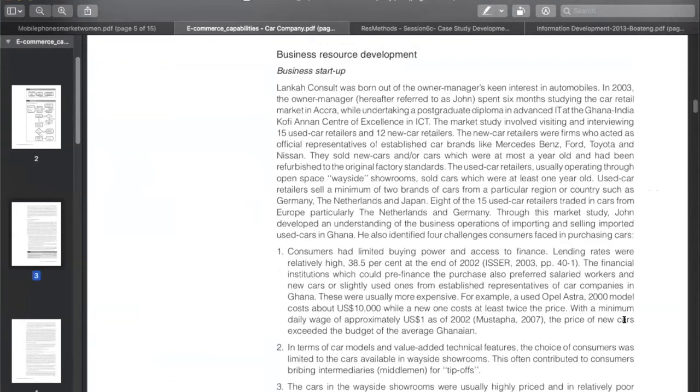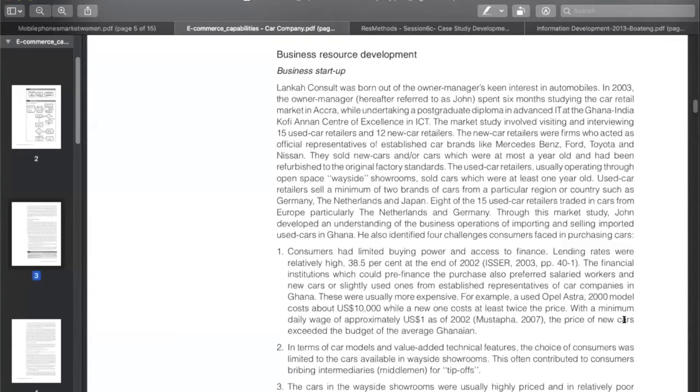In 2003, the owner-manager, hereafter referred to as John, spent 6 months studying the car retail market in Accra, while undertaking a postgraduate diploma in advanced IT at the Ghana-India Kofi Annan Centre of Excellence in ICT. The market study involved visiting and interviewing 15 used car retailers and 15 new car retailers.